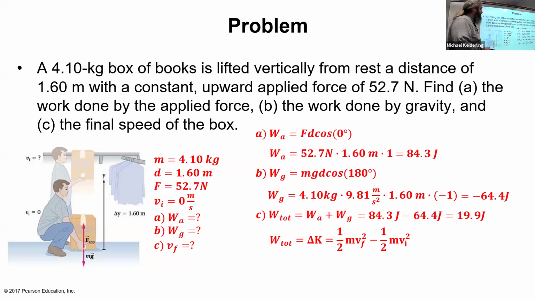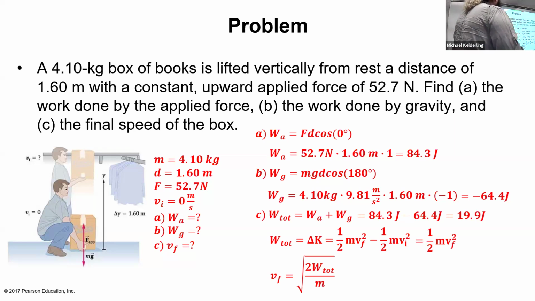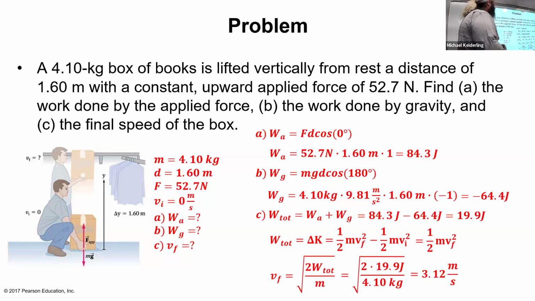Our initial velocity is 0, so that's just 1/2 mass times velocity final squared. So final velocity is the square root of 2 times the total work over the mass. 2 times 19.9 joules over 4.1 kilograms gives us a final velocity of 3.12 meters per second.